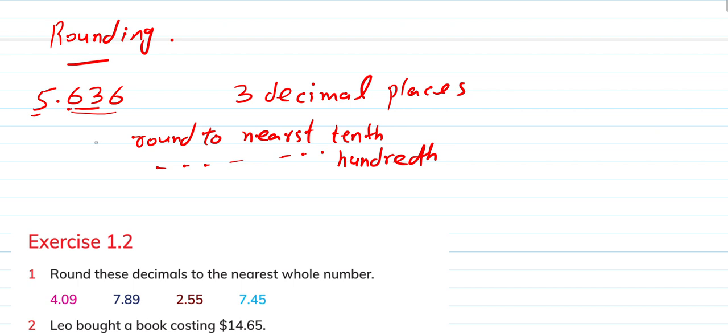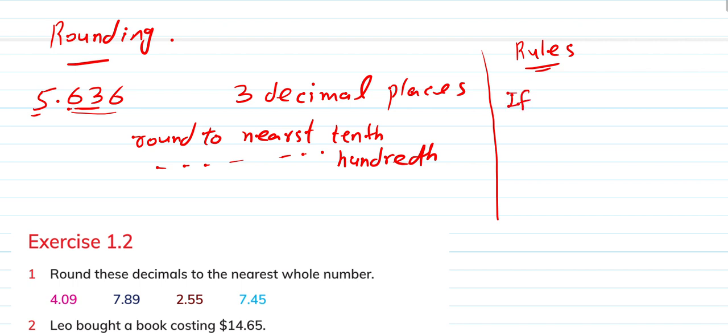Okay? Understood or not? Yes. But there are rules for leaving. You can't leave it without following these rules. Remember, if your first leaving digit, what does it mean?